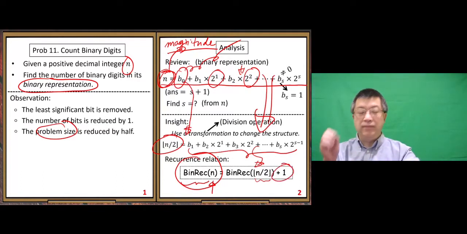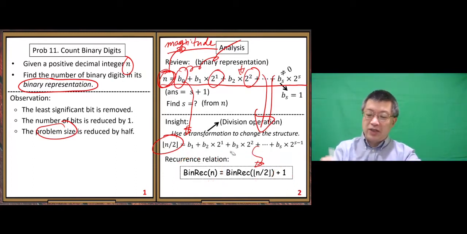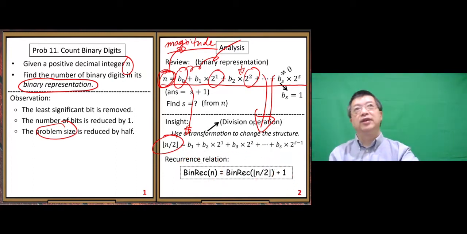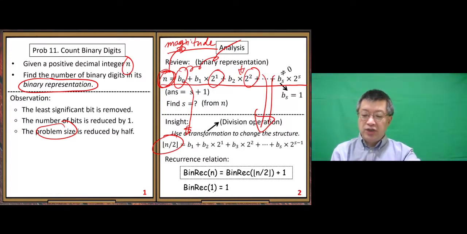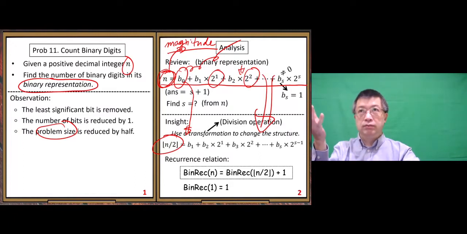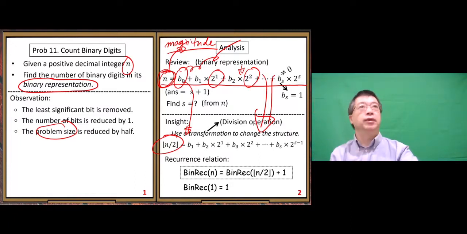So you add 1. That's straightforward. That's the recurrence relation. We derived it. But we need a base case value. This function of 1 equals 1. The magnitude is 1, so 1 bit. That's simple.